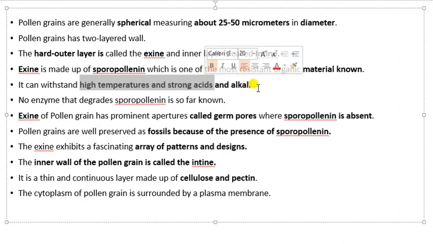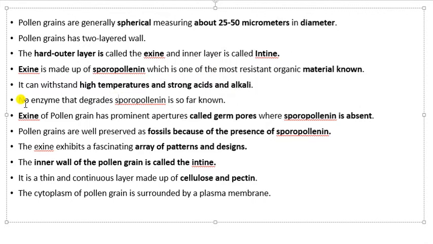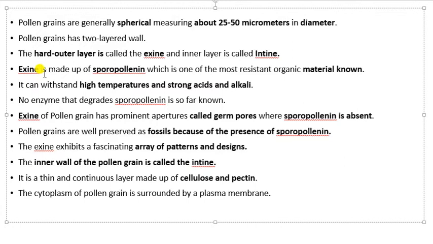It is not destroyed by temperature, acids or alkali, which is why it is highly resistant. No enzymes are known that can degrade sporopollenin, and because of sporopollenin, a pollen grain can be preserved as a fossil for a very long duration of time.